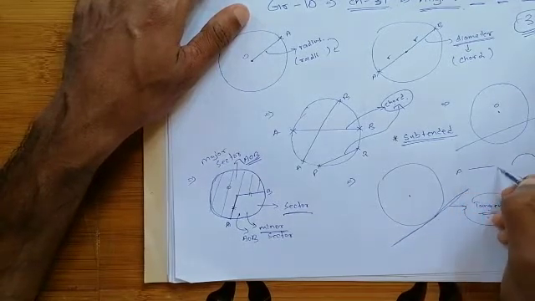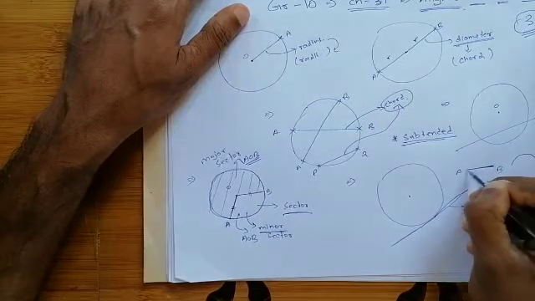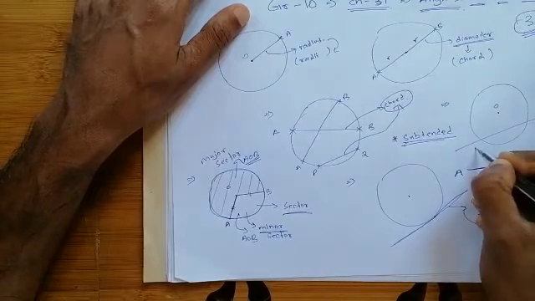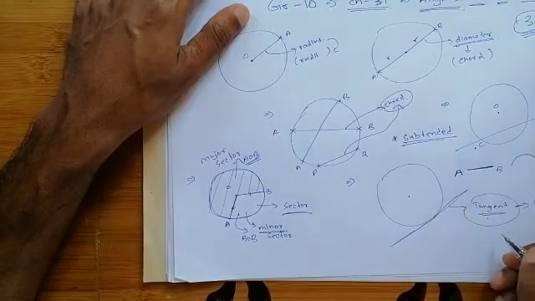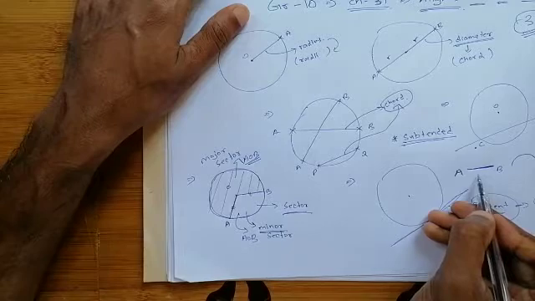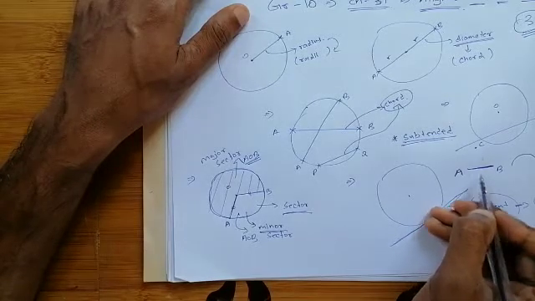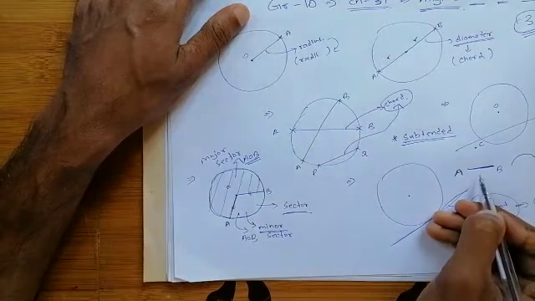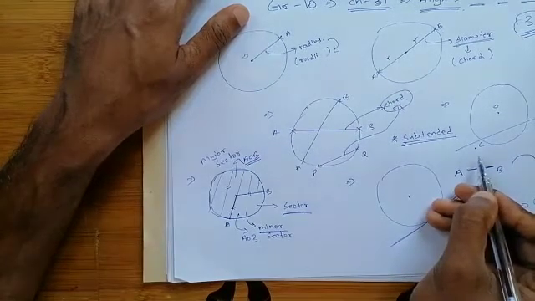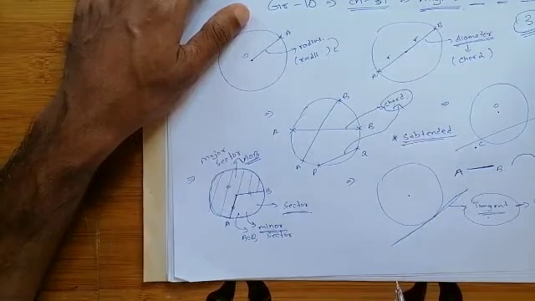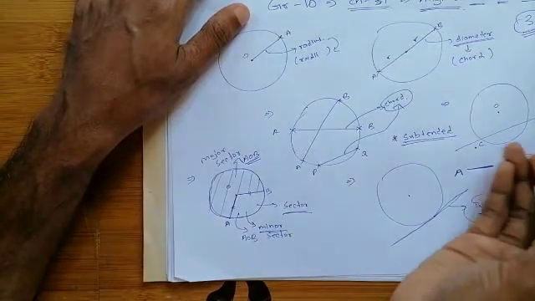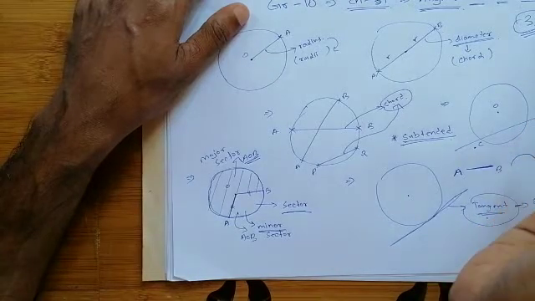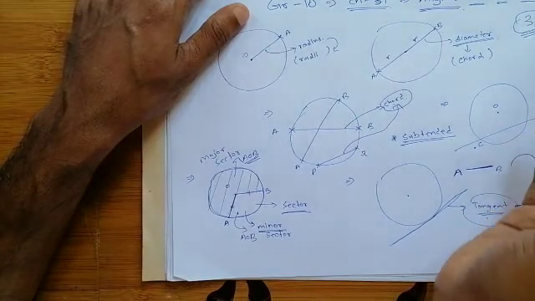We can name the straight line AB. AB can form an angle, so we mark a point C here. AB can form an angle at C. The angle formed at a particular point we call the subtended angle.